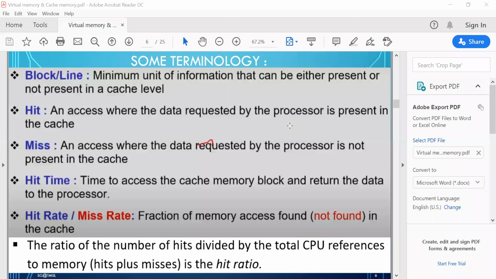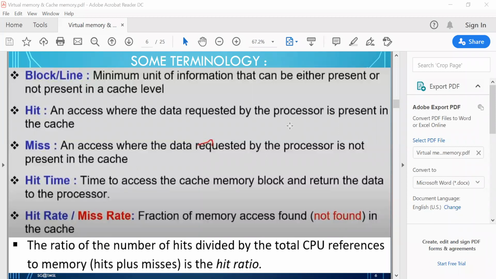And the hit time is the time which is needed to access the cache memory block and return the data to the processor. So that means when a CPU goes to the cache memory to find a block of data, and after finding it, it must return with this data. The total time is called the hit time.